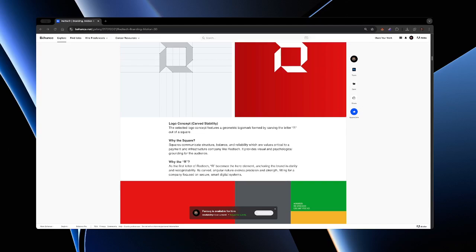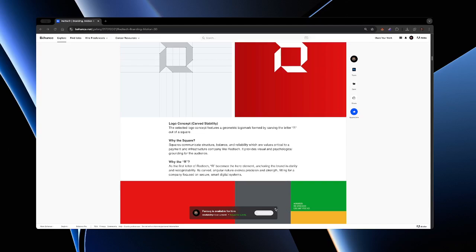The name itself is Redtech, and for a brand that is really all about innovation, trust, reliability, and many other words, you really want to portray this in the identity that you're creating for them. The logo looks simple, but the idea behind it is quite deep, and it aligns with the brand.